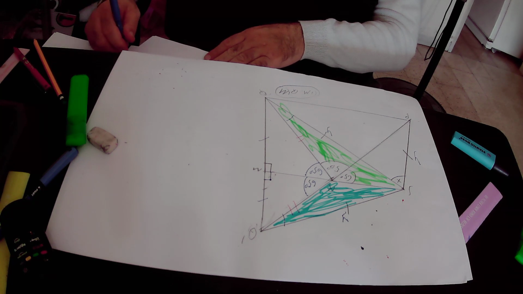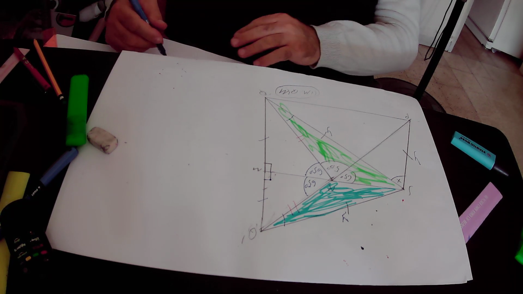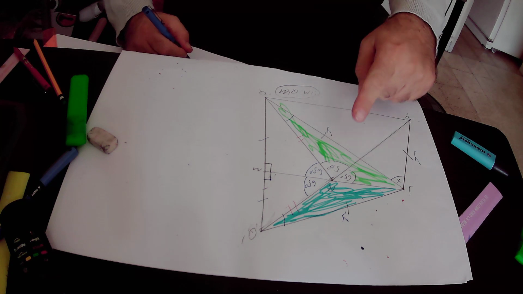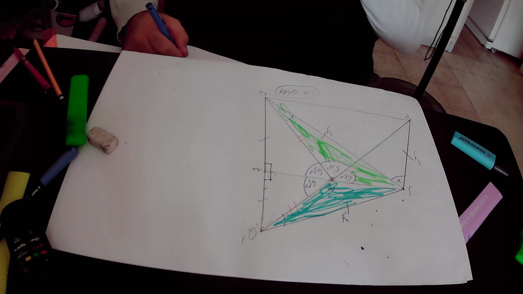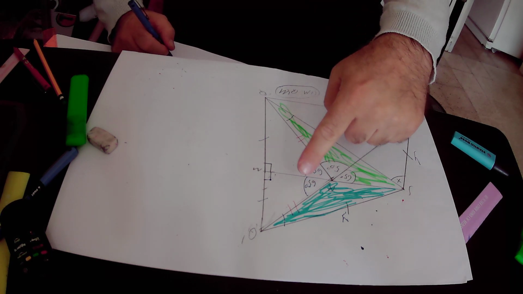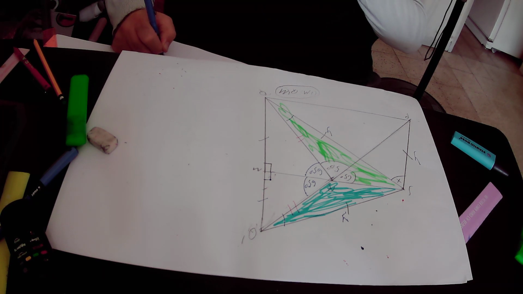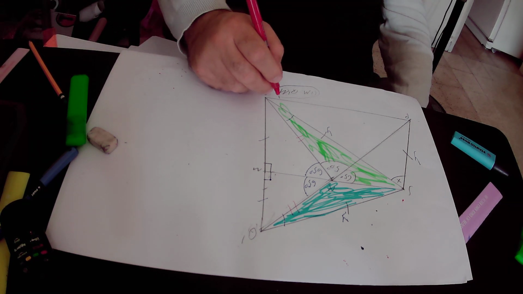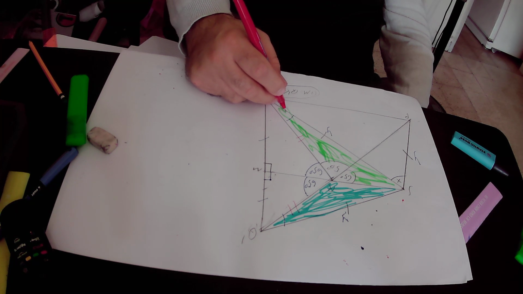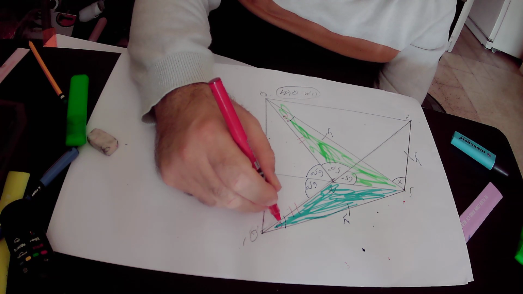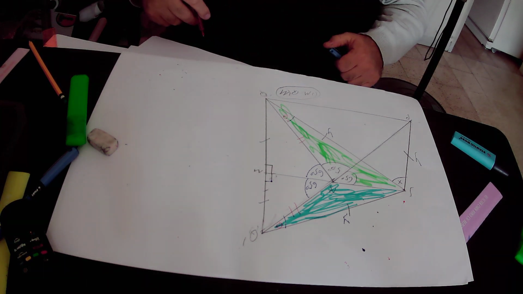And if we define angle RQS as theta, then angle RQ dash S will also be equal to theta, because they are equal to each other.